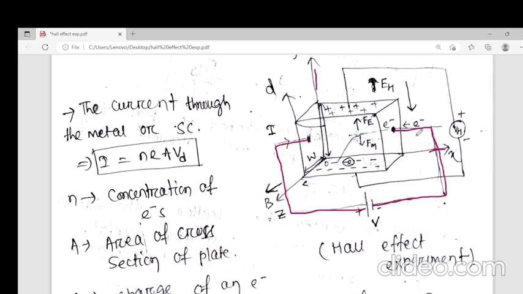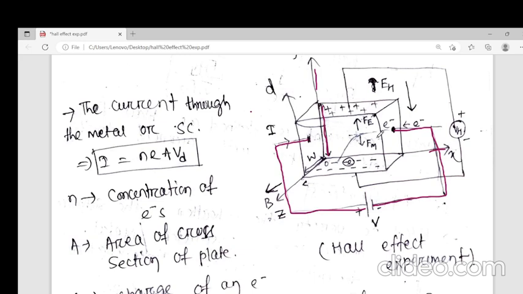Current is given to the material along the x axis, and that current is along the width d. At this width I am giving current to this conducting body.